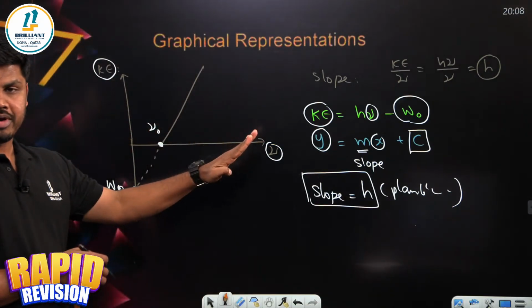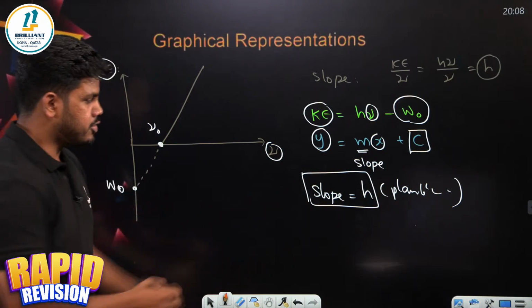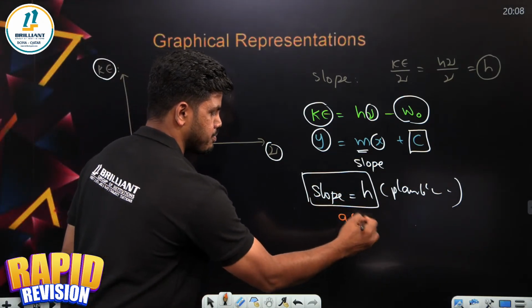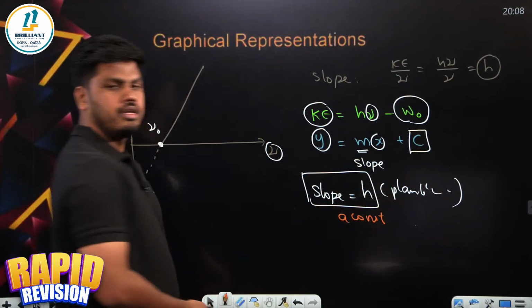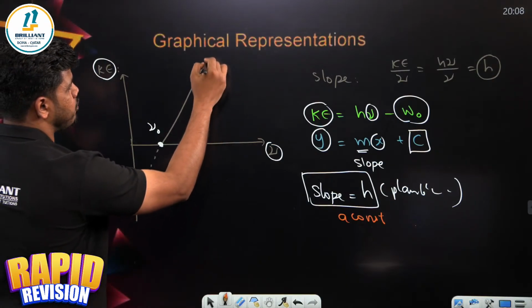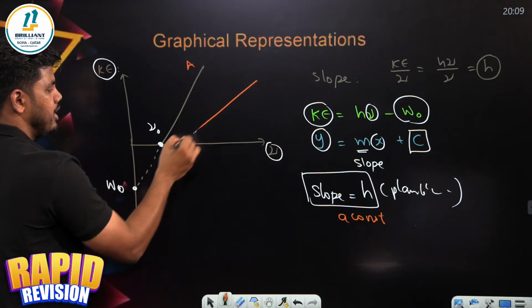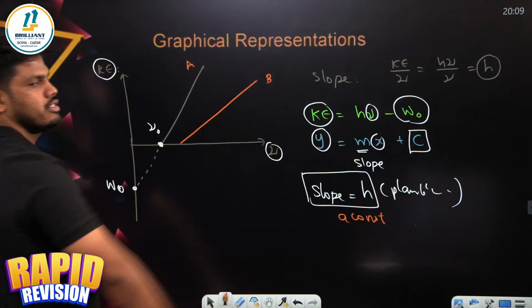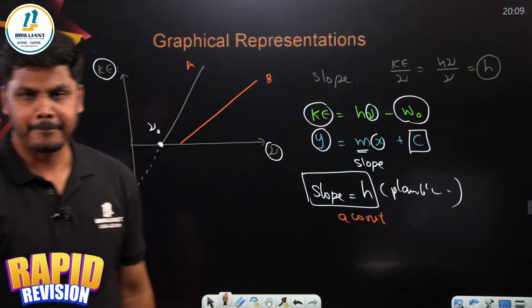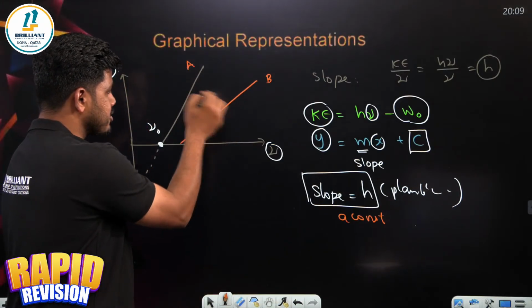One point you have to remember from this discussion: slope is a constant, right? Planck's constant is a constant. So if I draw two graphs for two different photosensitive materials, A and B, you cannot draw it like this. This is wrong because their slopes are different.